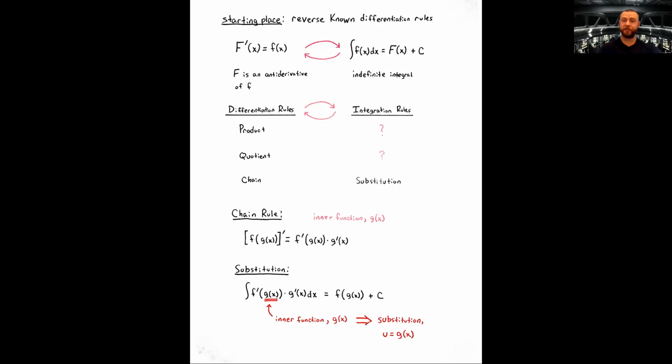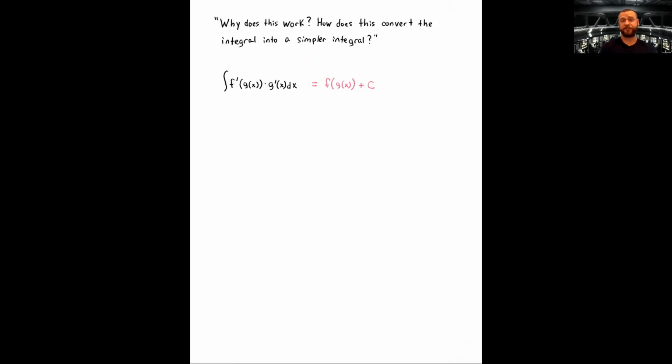Now, what we're going to get to on the next page addresses why this substitution actually works. So let's keep going and see why that substitution works. Recall the basic idea that I want you to keep in mind for substitution. Substitution converts a complicated integral into a simpler integral.